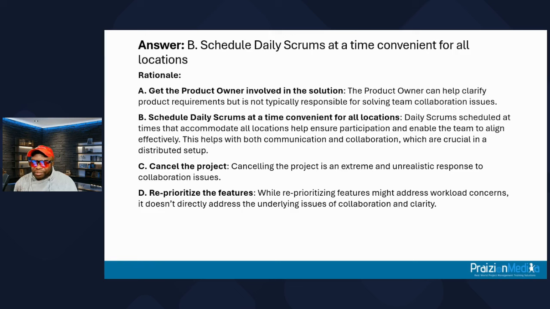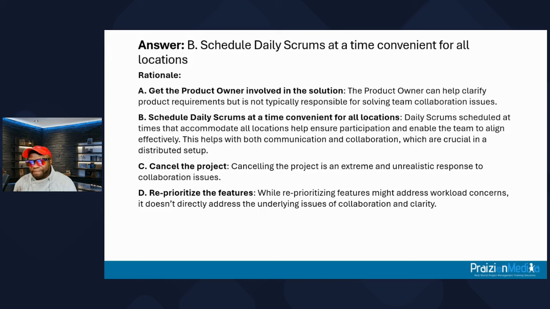So think about it. If we got the product owner involved in the solution, while it's not their wheelhouse, they can help clarify product requirements. And for that reason, you want to work on your role, your lane, which is solving team collaboration issues. Just remember that on the exam, you will get questions that test you as a leader.